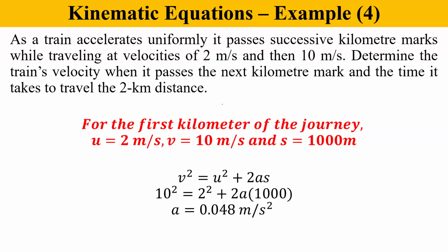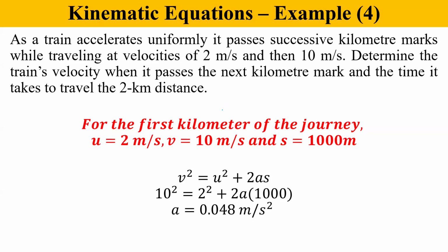First one it passes at 2 meters per second, then the next one is 10 meters per second. You have to determine the train's velocity when it passes the next kilometer mark and the time it takes to travel the 2 kilometer distance.